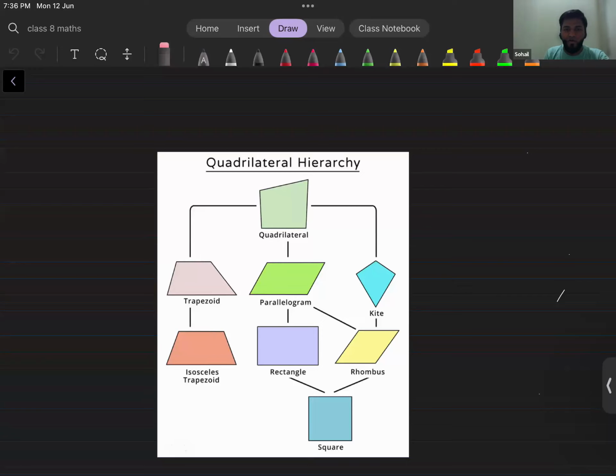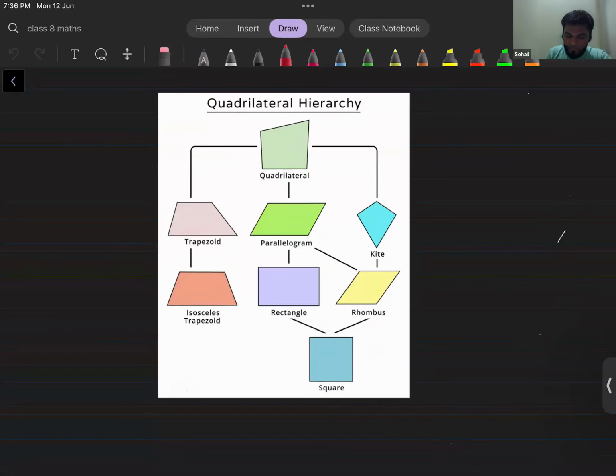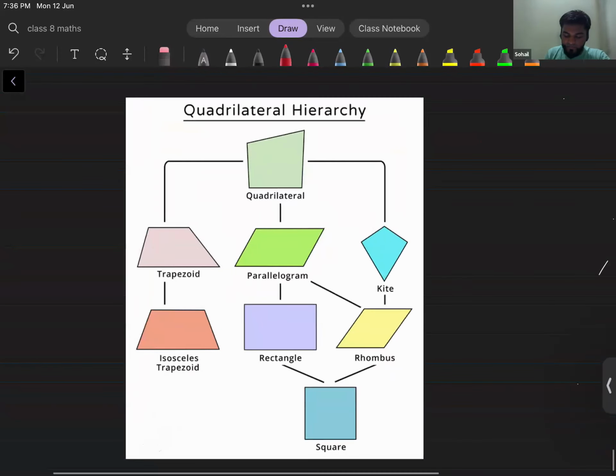Here you see the classification of quadrilaterals. You have one type in which one pair of sides is parallel and the other pair of sides is not parallel. Such a quadrilateral is called a trapezium or a trapezoid.